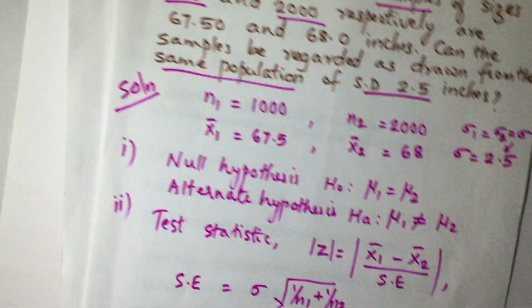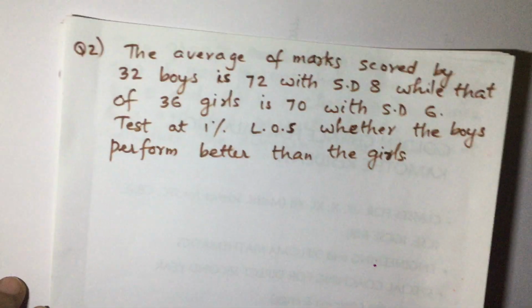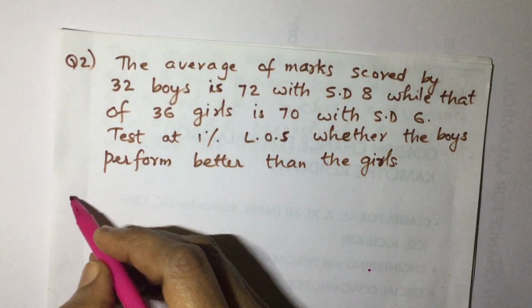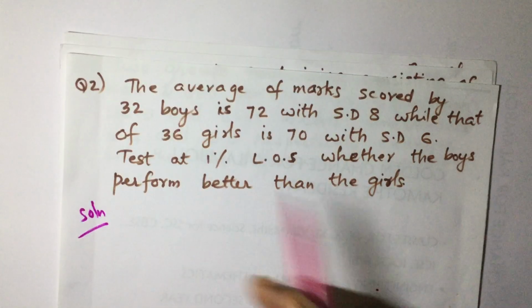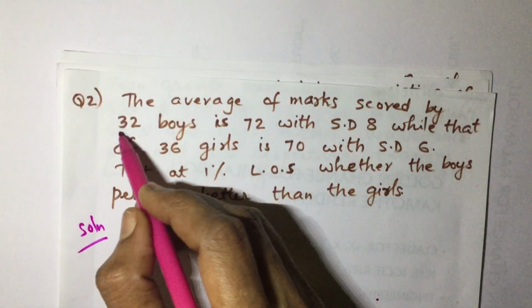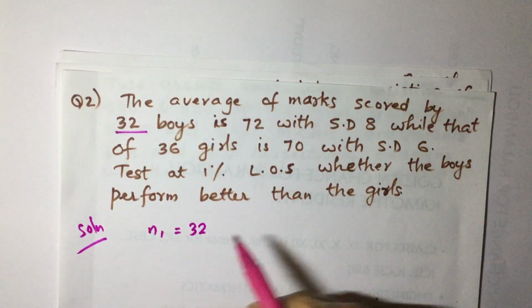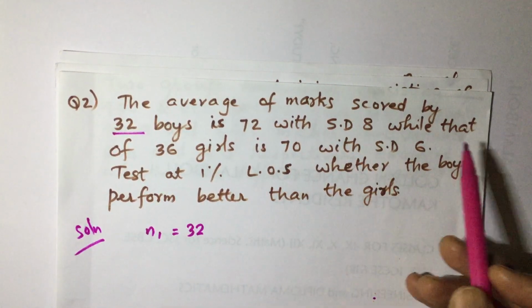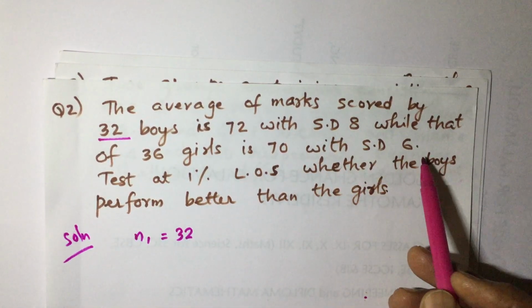Now let's see another question. Again, read the question properly. The average of marks scored by 32 boys, so N1 is 32, is 72 with standard deviation 8, while that of 36 girls is 70 with standard deviation 6.